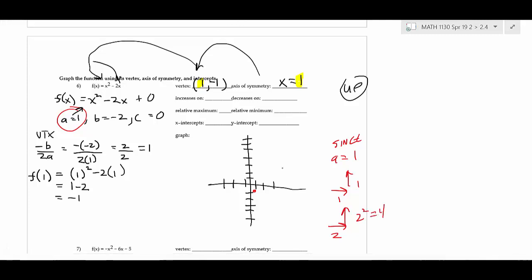Then you've got it. So I'll do that: over 1, up 1, left 1, up 1, over 2, and then up 1, 2, 3, 4. You would end up with a graph that looks like this. So you get a nice accurate graph by doing that.